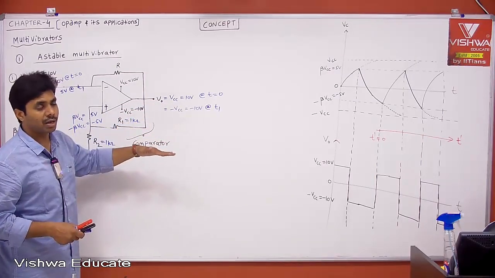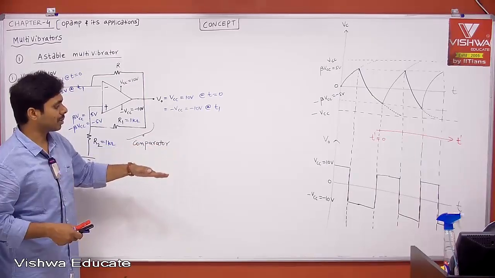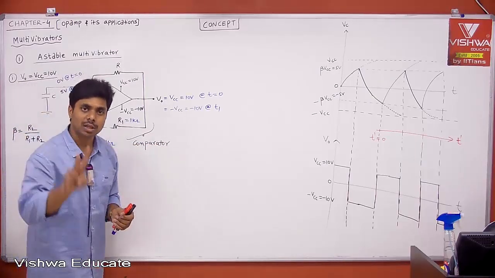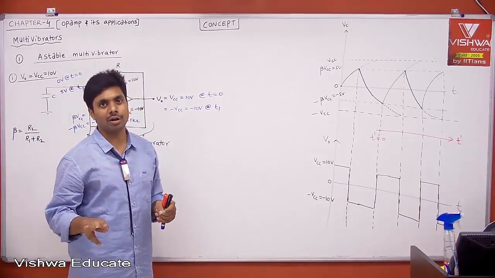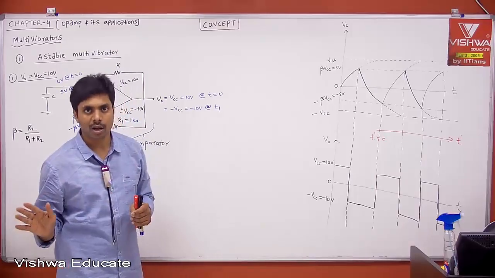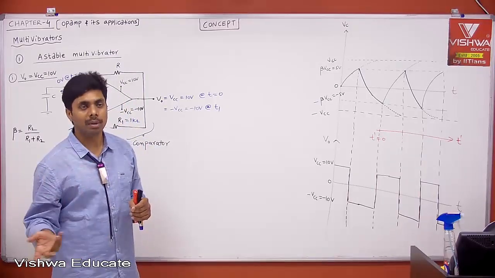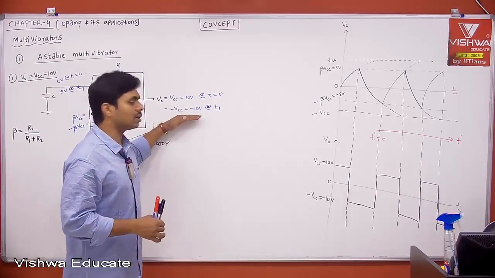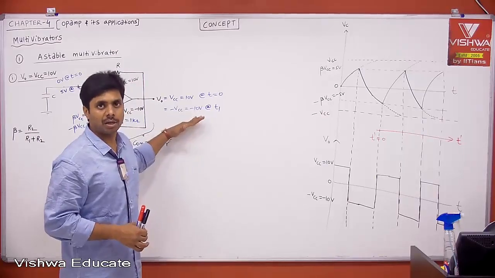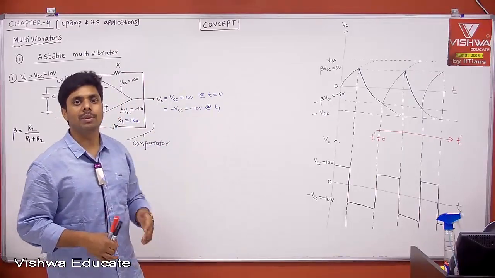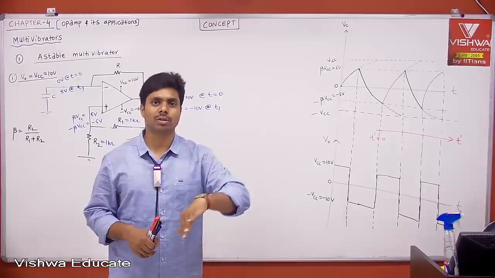It becomes logic 1. Therefore, both these states, logic 1 and logic 0, are unstable. Multiple times it is vibrating between 1 to 0, 0 to 1, 1 to 0, 0 to 1.